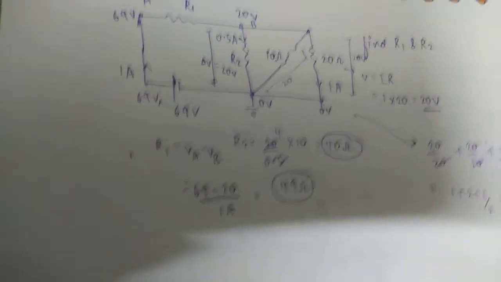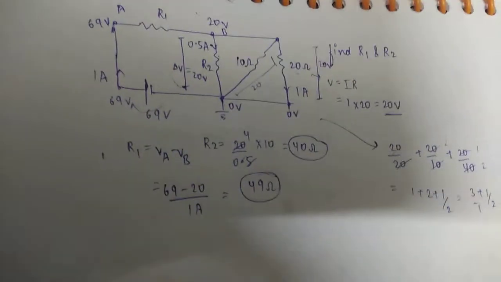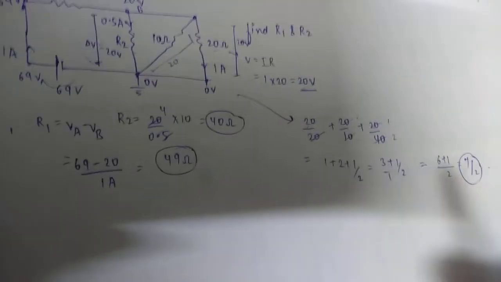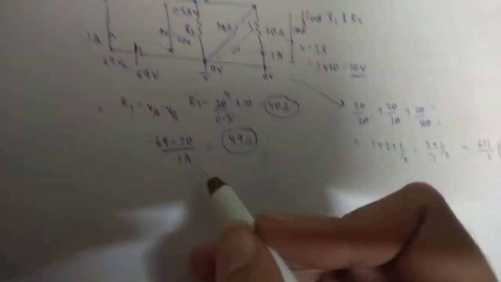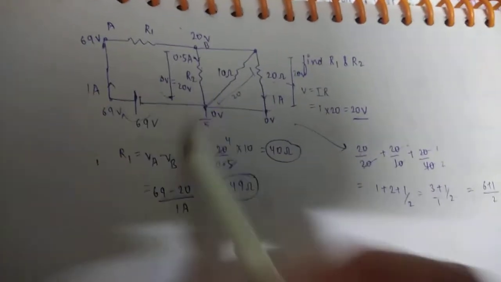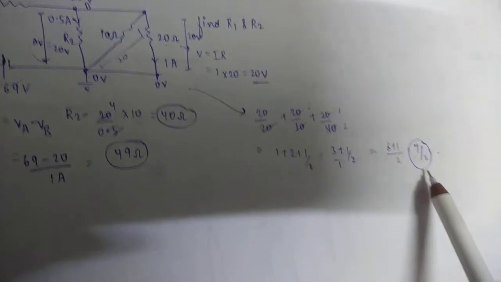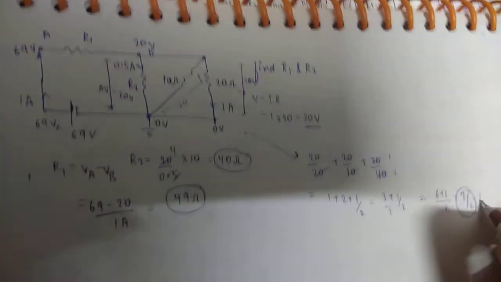Okay, so I found the current from here. Now I will simply use the formula V is equal to IR, because I found the resistance here and the current is 7 by 2 ampere from all of these.